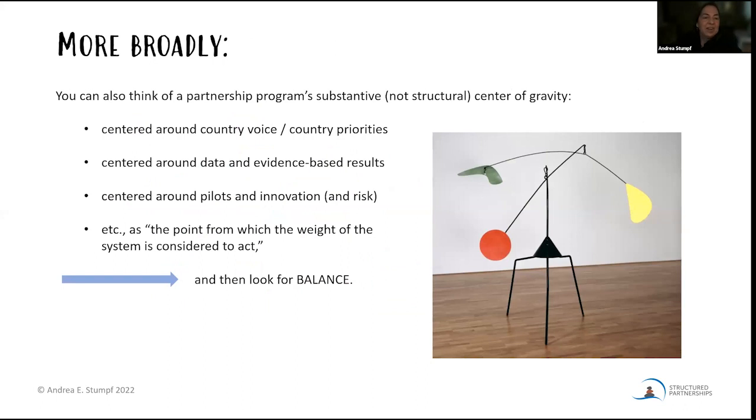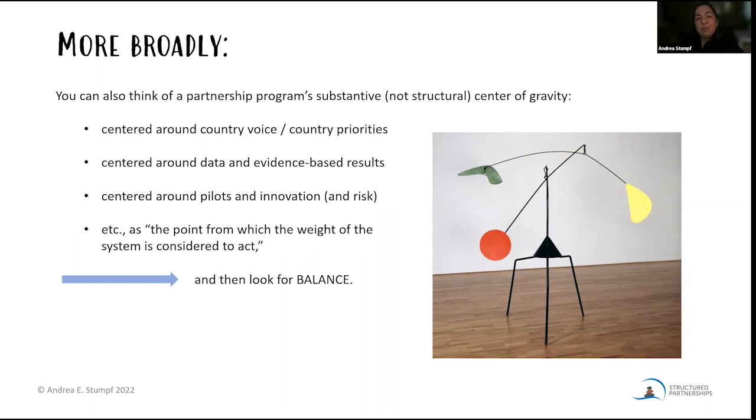Just one slide to say quickly, I am focused on structure here, so I'm talking about some structural options for center of gravity, but there's nothing to say that you couldn't make it a substantive focus. For example, you might have a center of gravity in your particular partnership around country voice or country priorities. I can think of these major single country trust funds that used to have Afghanistan or Iraq or Somalia, or there are some others where that really serves as a center of gravity around which other things are balanced.